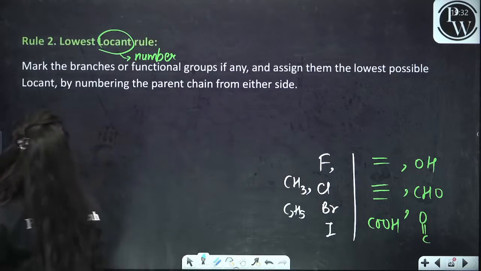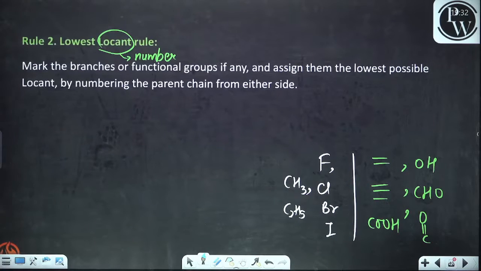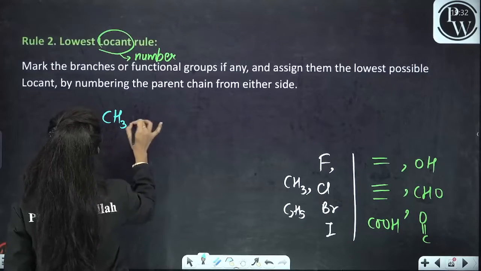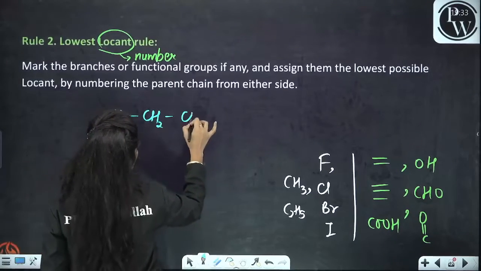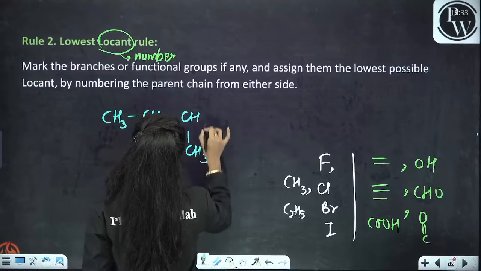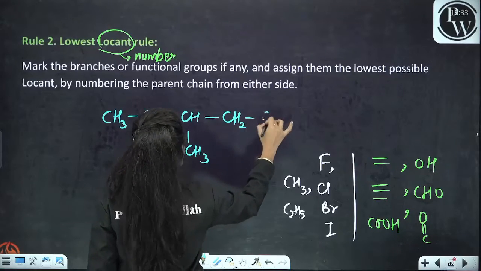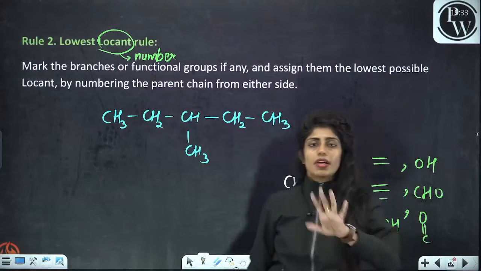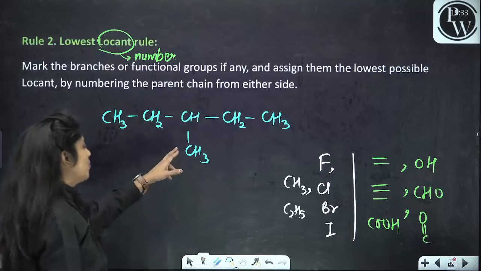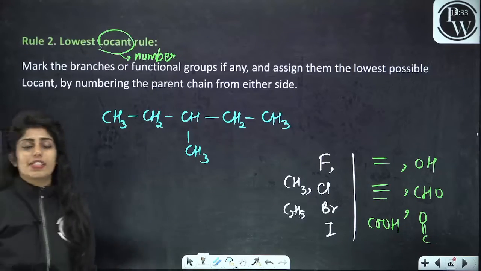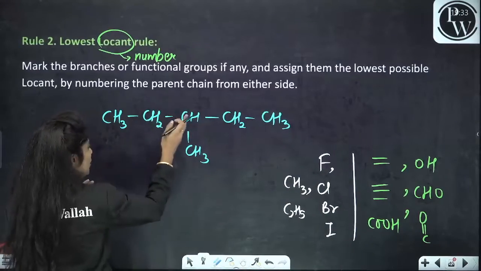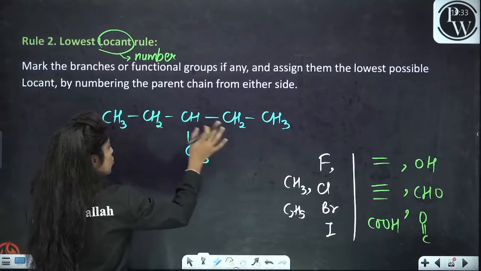All right then. Suppose we have some branch chain compounds. So let's suppose we have this compound CH3, CH2, CH, CH3, CH2, CH3. This is a very simple compound because the prefix is situated in between, 1, 2, 3, 1, 2, 3. So there is no confusion.